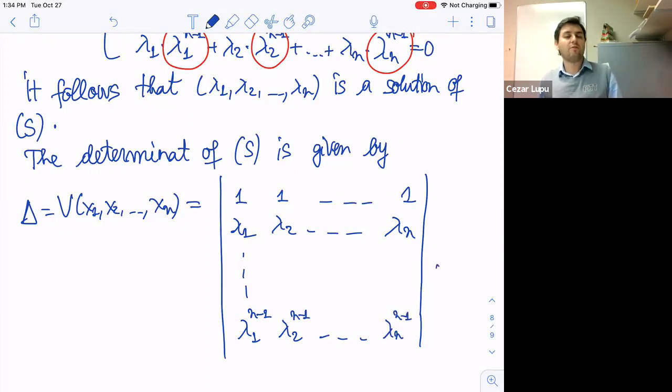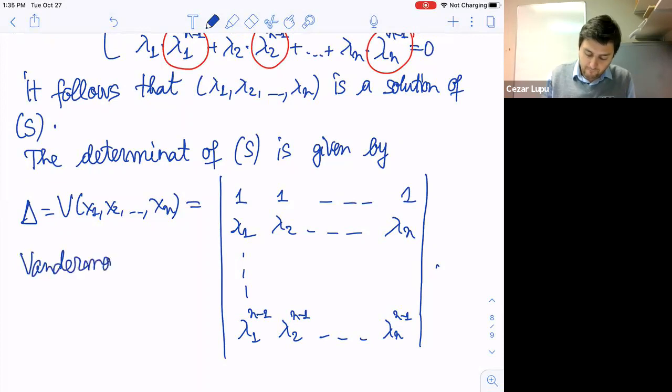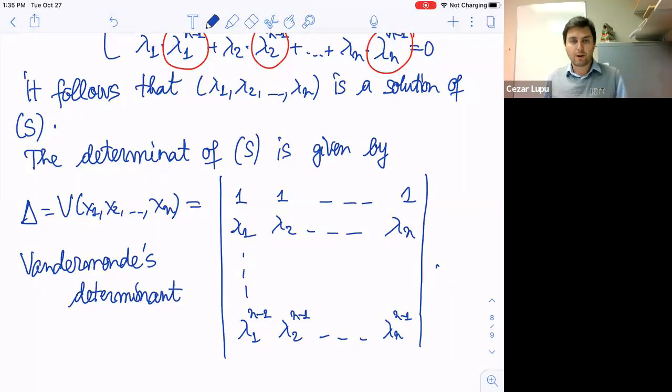So this is what we call the Vandermonde determinant.